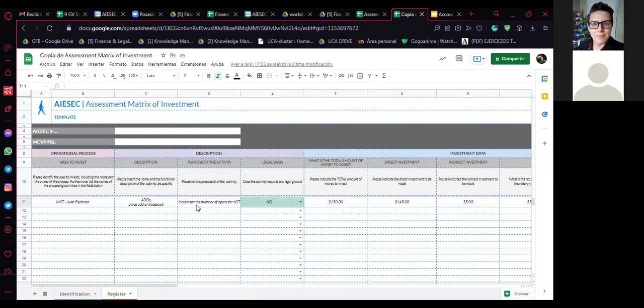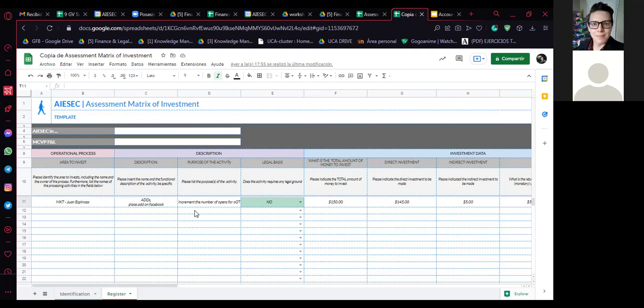Mostly when you're transitioning the area of finance to your successor, your successor most likely is going to ask you what were the investments that you made during your term, and with this tool you will have the information for the next person to check.